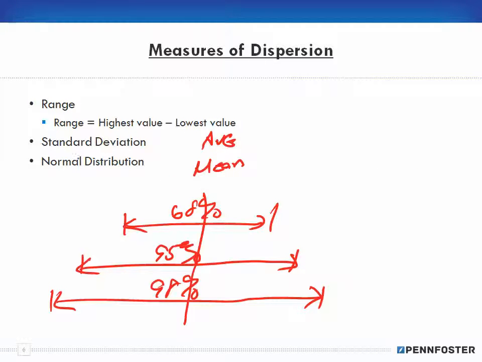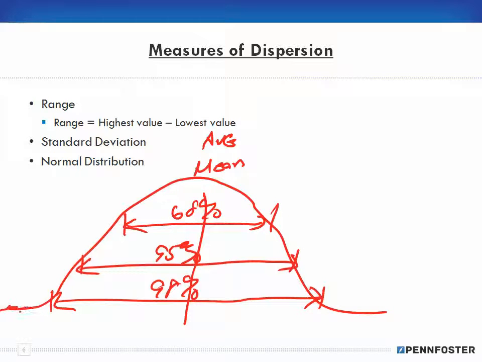Another measure of dispersion is what we call normal distribution, and that is covered under what's called a bell curve. Out here, this is called a long tail, and this is called a long tail, because this is where those 4 and 5 and 6 and 7 standard deviations occur.